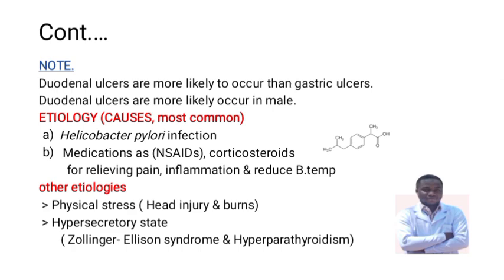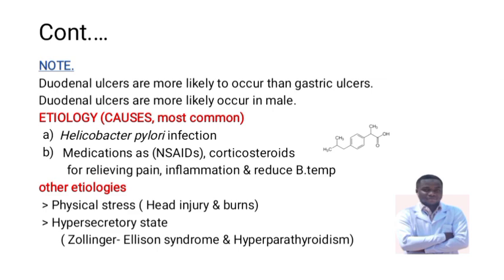But also hydrochloric acid will increase to be secreted. Therefore, it is important to note here that these non-steroid anti-inflammatory drugs inhibit prostaglandin synthesis by inhibiting the cyclooxygenase enzyme. That is how this medication is involved in causing peptic ulcers.